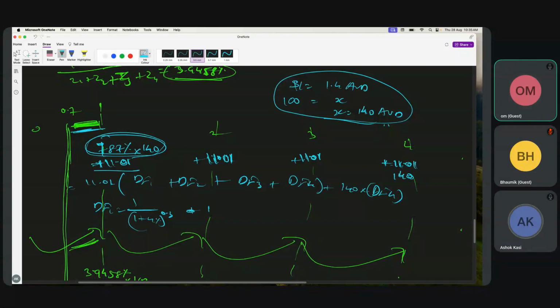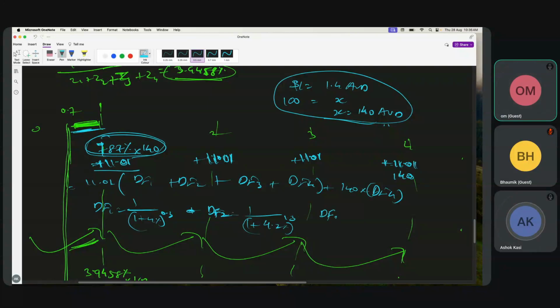Then DF2 is 1 by 1 plus 4.2 percent raised to 1.3.